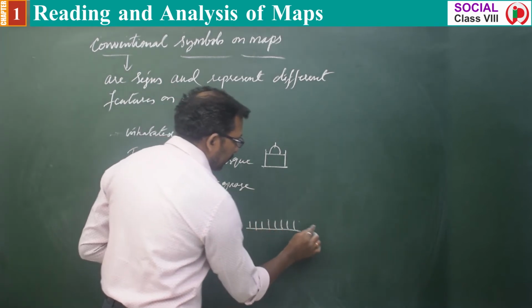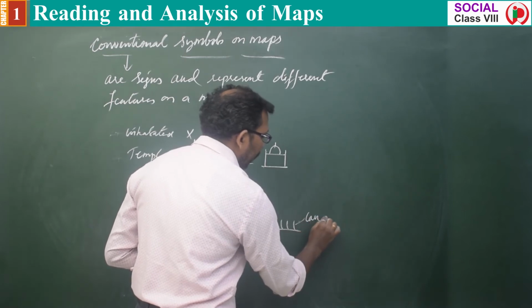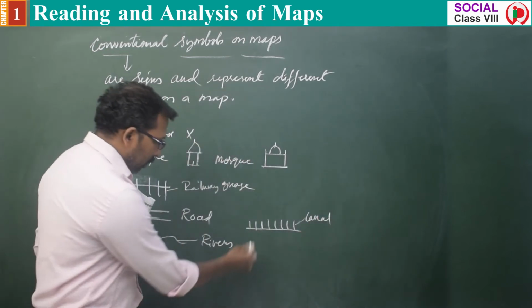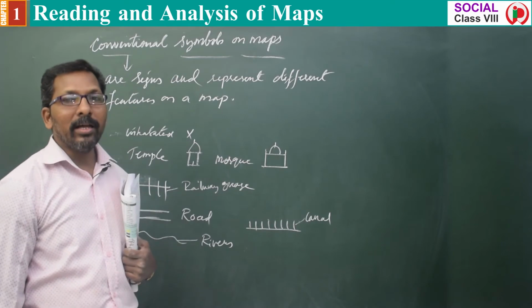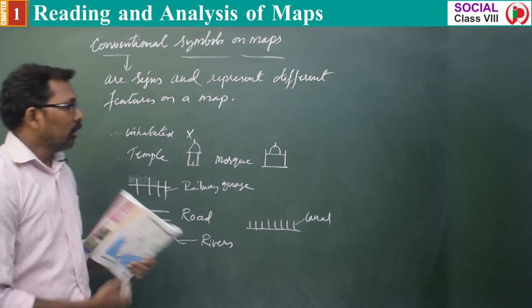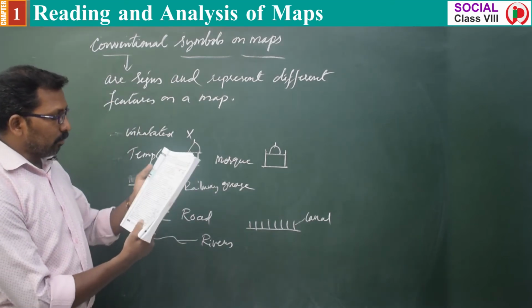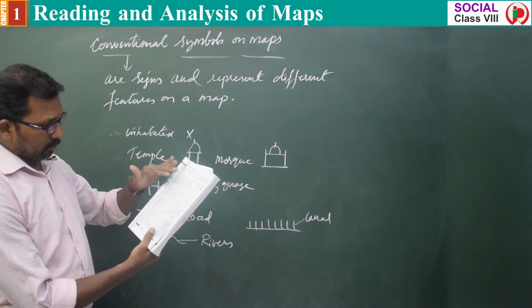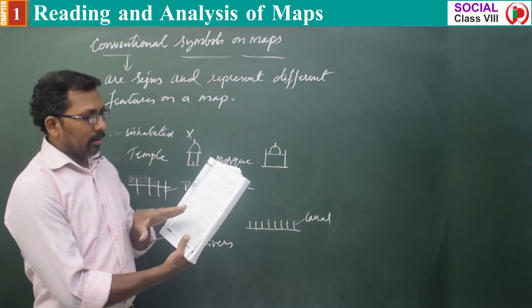This is a canal, right? If I draw one more line down, it becomes a railway gauge. Understood? So there are various symbols, nearly 20 to 30 symbols, right?